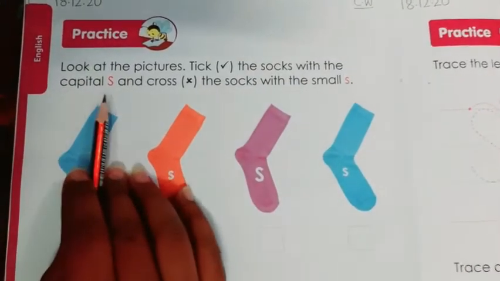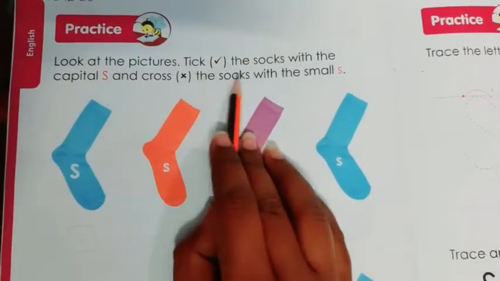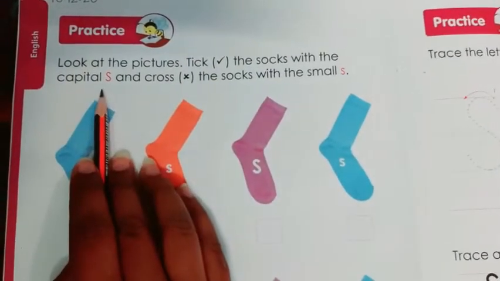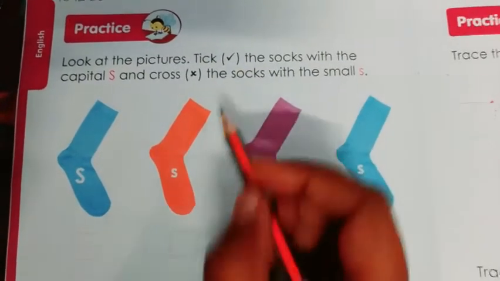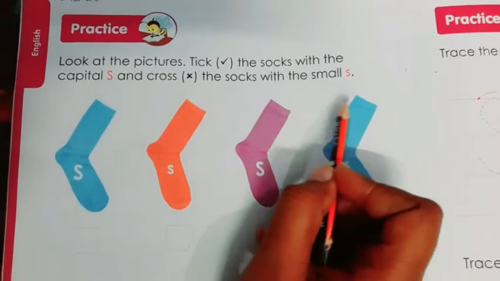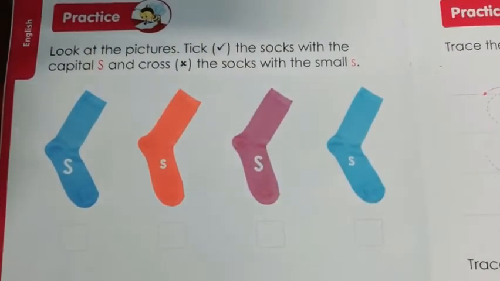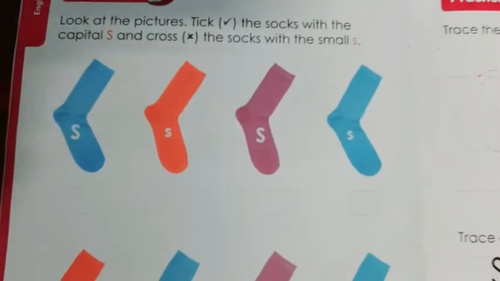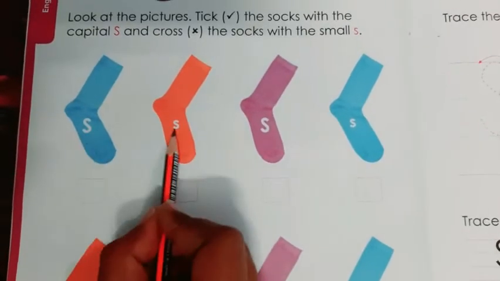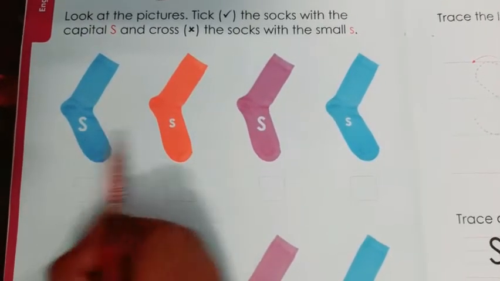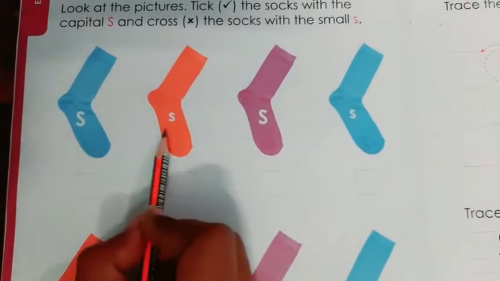Students, first of all, here we will solve this exercise. So let's read the caption. Look at the pictures. Take the socks with the capital S. We have to take that socks that are with capital S and cross the socks with the small s. So tell me, which S is this? See, the formation of both the S are same and they both are looking similar, but they are different in their sizes.